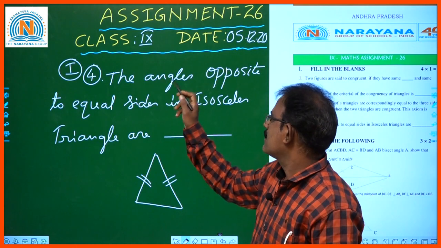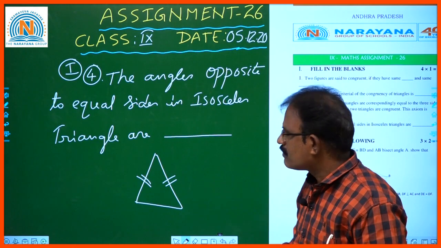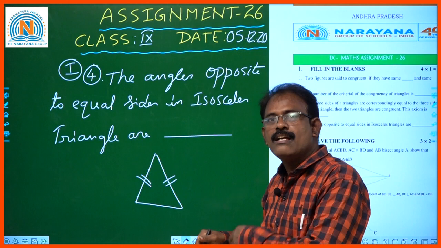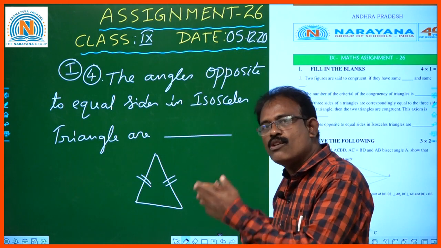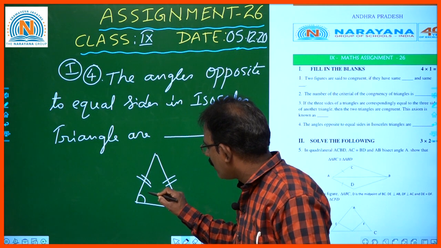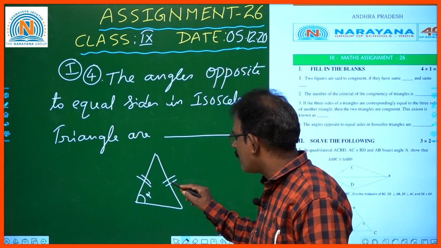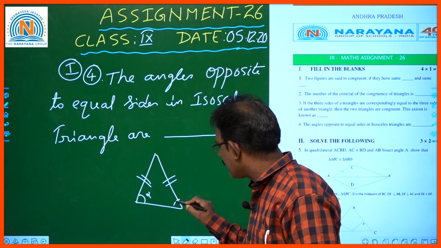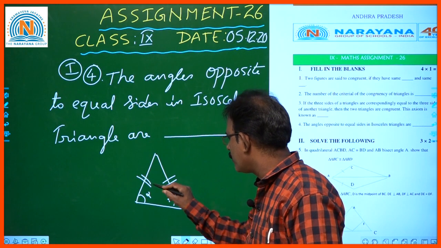The two angles which are opposite to the equal sides: out of the three angles, which pair of angles are opposite to the equal sides? See, this angle is opposite to this side, and this is another angle opposite to this side.